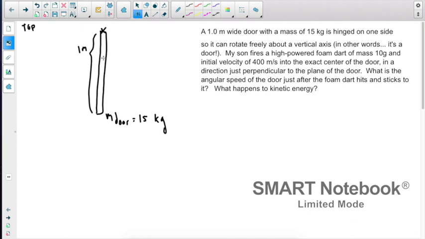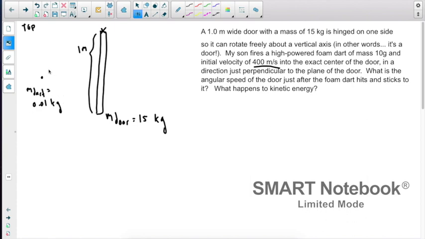So let's say that my kid fires a, oh wow, that's very high powered, a high powered foam dart of mass 10 grams. So here's the dart. And the mass of the dart, we need to be in kilograms. So right away I'm going to convert that to kilograms by dividing by 1,000, so 0.01 kilograms.